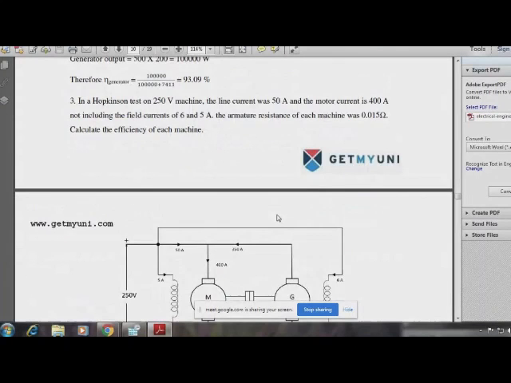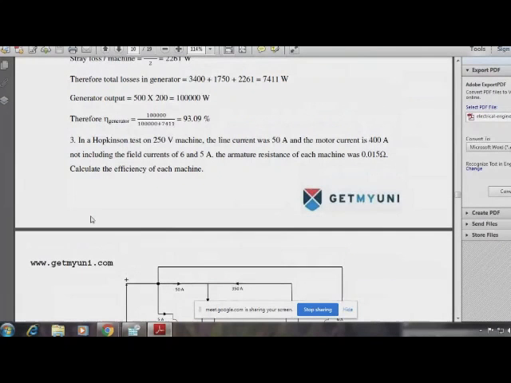No, sir. Please copy down this problem. Problem 3.